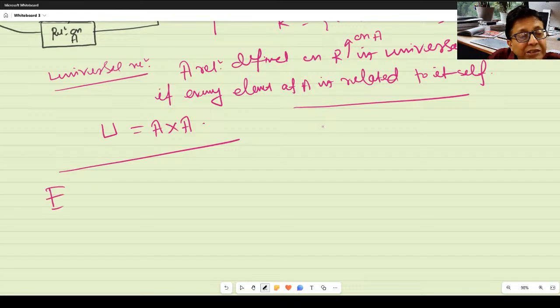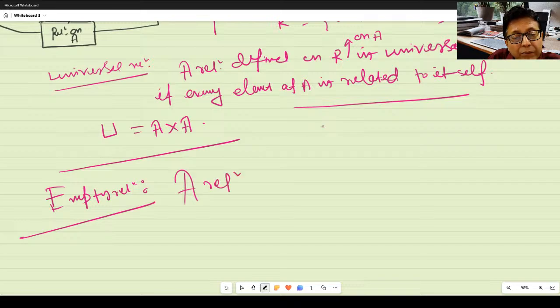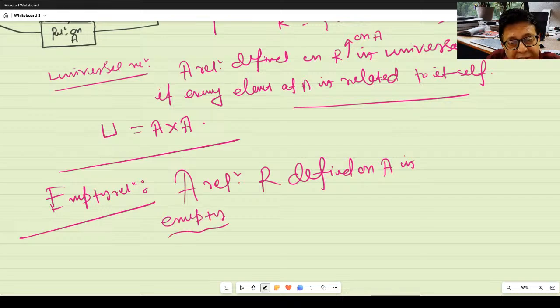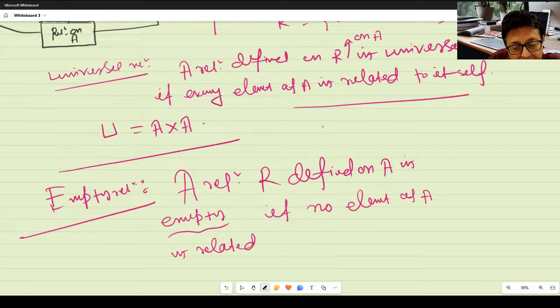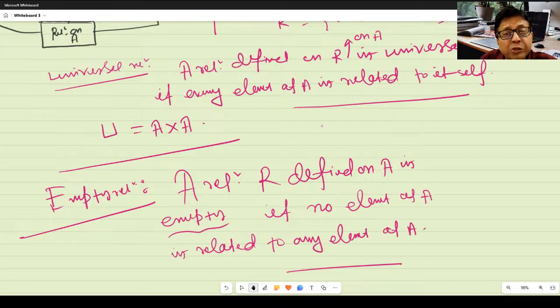And then what is empty relation? Formal definition. A relation R defined on A is empty if no element of A is related to any element of A. This also I have explained with the example.